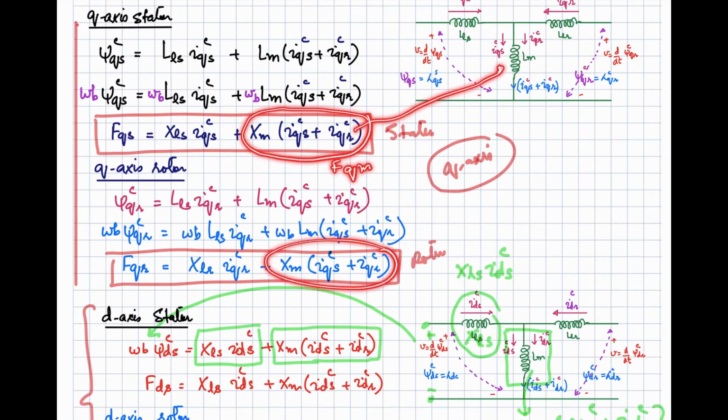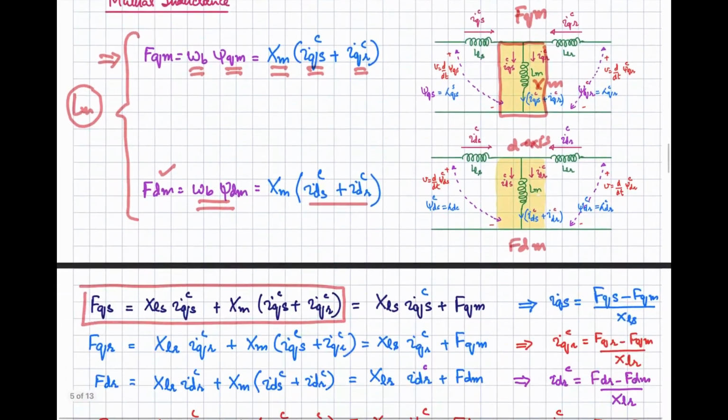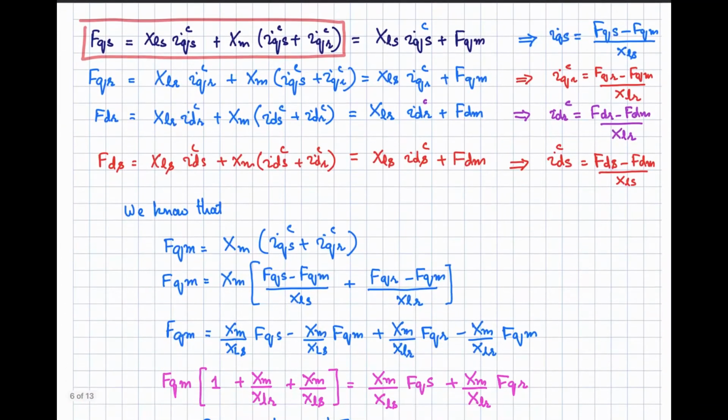And what is this part? This is also FQM, because it is the Q axis one, right? And what is this? This is FDM, and similarly this is FDM. So we can write down these equations like that, that this part is FQM, the voltage across the mutual inductance. So if you solve it for the Q axis stator current in arbitrary frame of reference, that will be given by this equation.